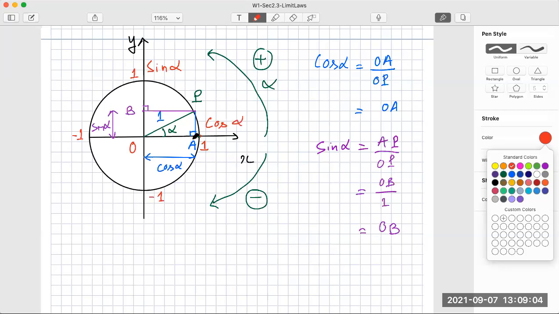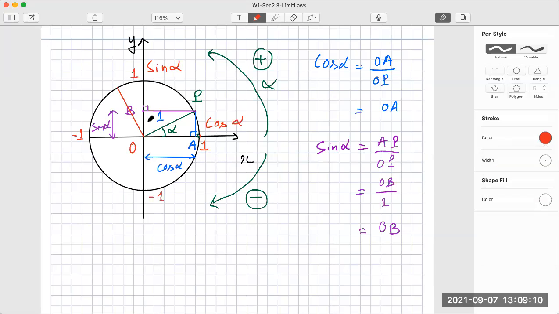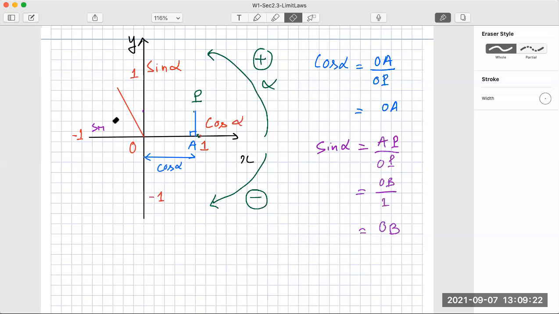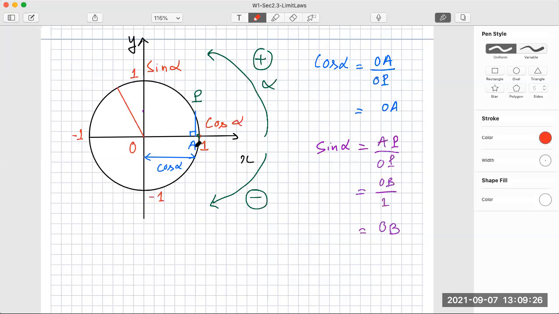Now, I give you this alpha. Let us remove these confusing things.